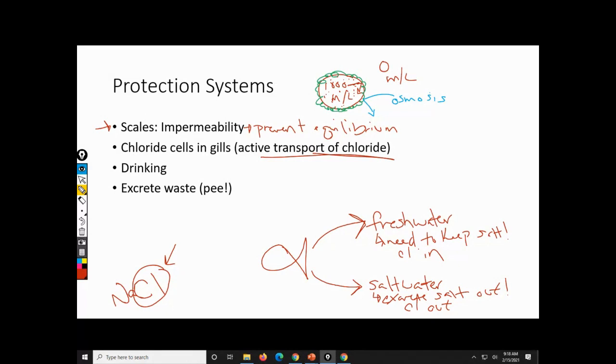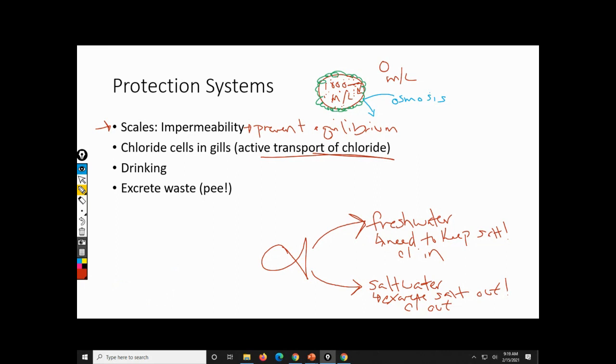Okay, so let's look at these other two then. Scales are preventing exchange from happening, so it's basically preventing loss. Chloride cells are happening during respiration. How can we keep ourselves in balance?